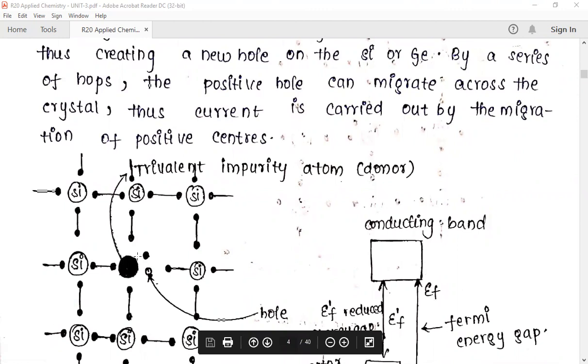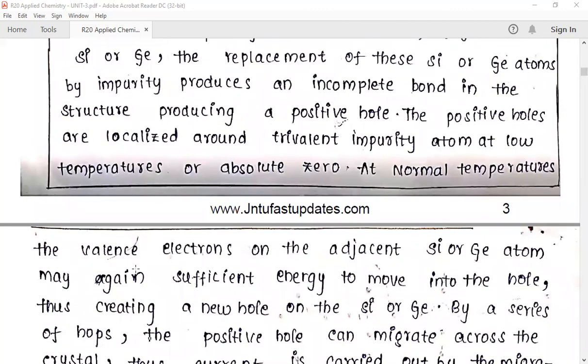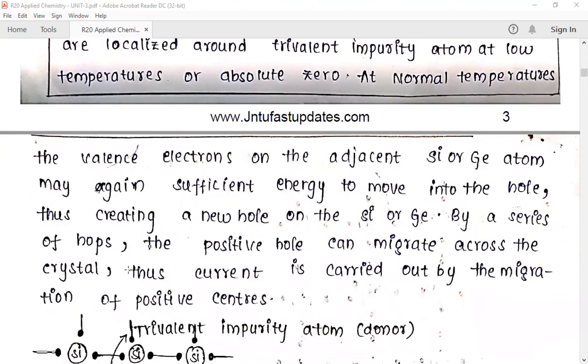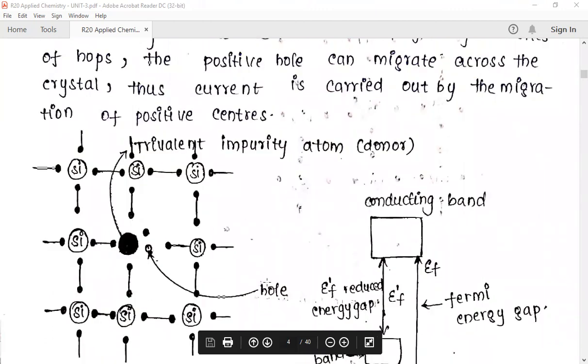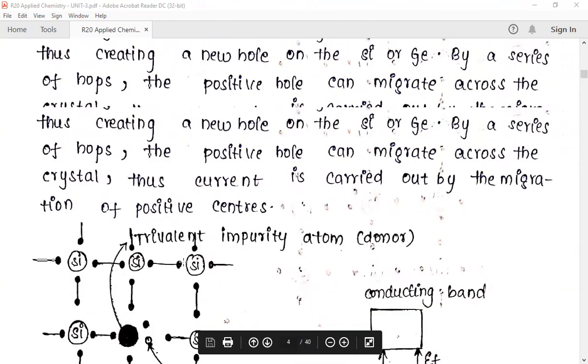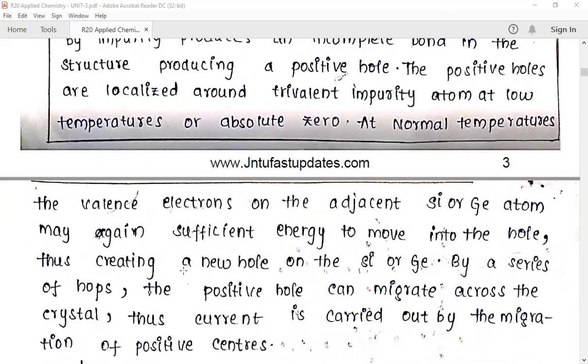This trivalent element forms an incomplete bond in the structure, producing a positive pole. This positive pole forms a hole. These holes are localized around the trivalent impurity atom at low temperature or absolute zero.